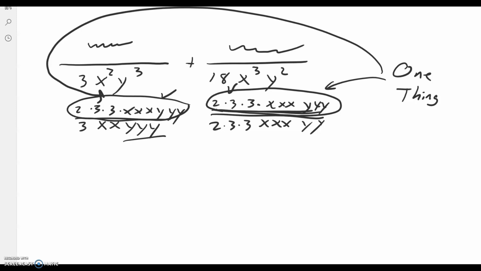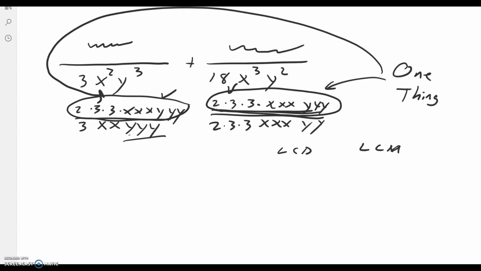It's the smallest collection of pieces that can cancel all denominators, and that smallest collection of pieces is called the least common denominator, LCD, when you have fractions in a problem, and it's called the least common multiple, LCM, when you're talking about the same thing but you don't actually have fractions in the problem.